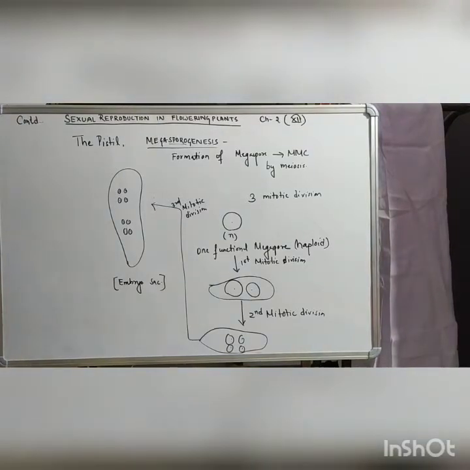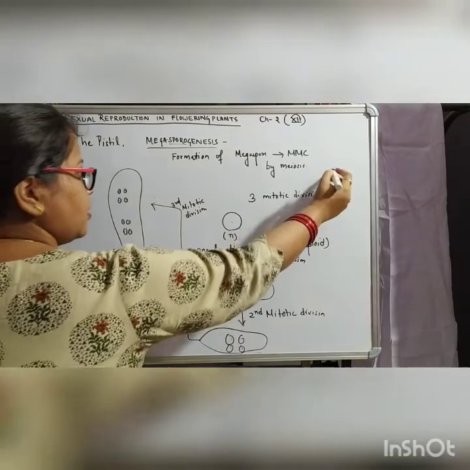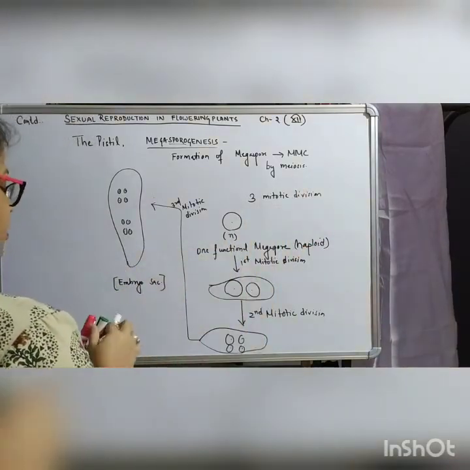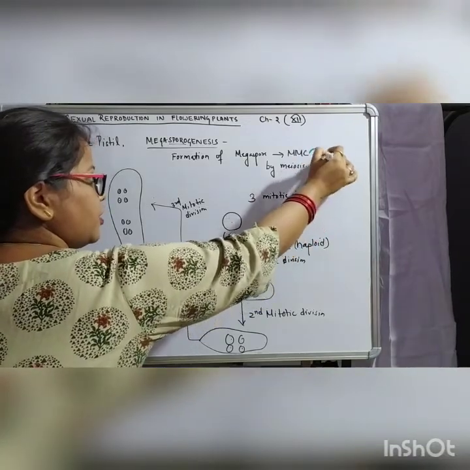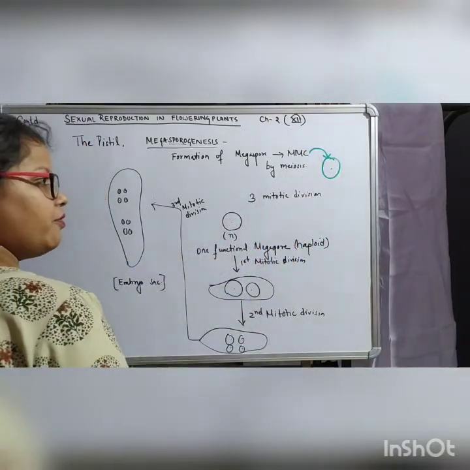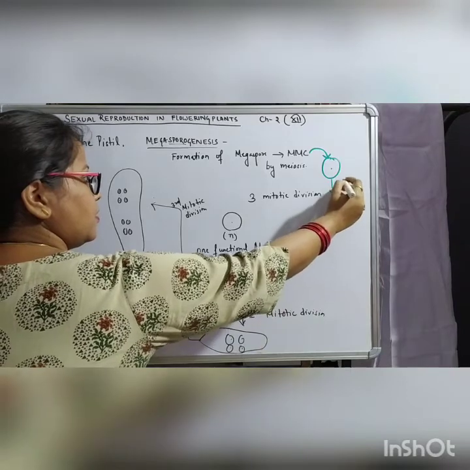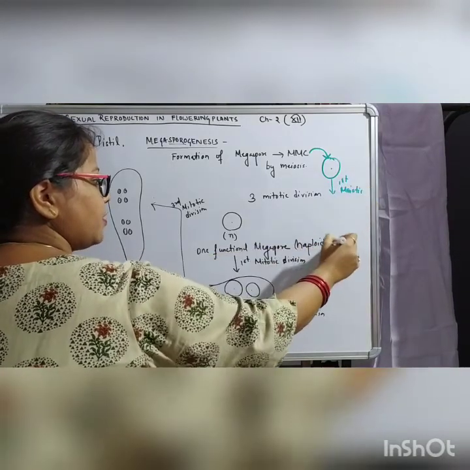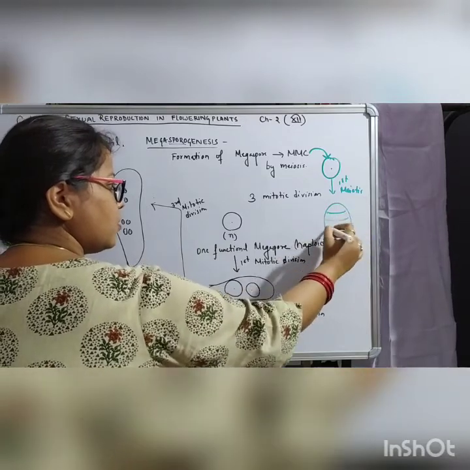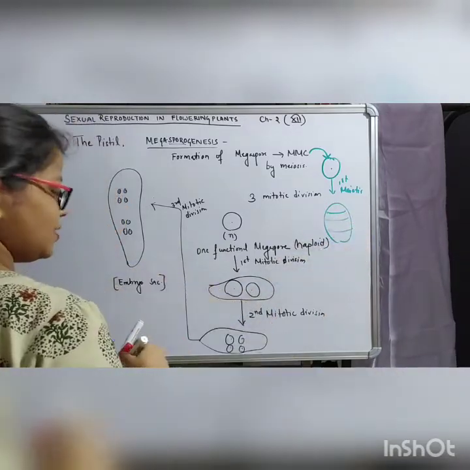Let me brief once again. We started with the megaspore mother cell. Since it is a germinal cell, we went for meiosis. So we started with the green part of it. This was your MMC. MMC underwent the first meiotic division, giving rise to 4 cells.